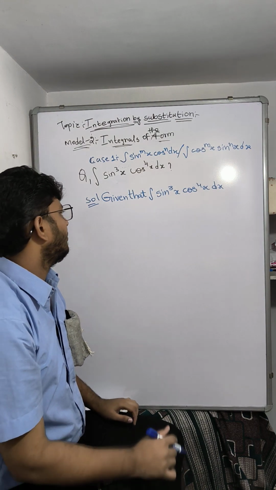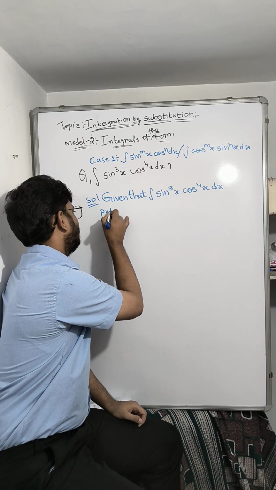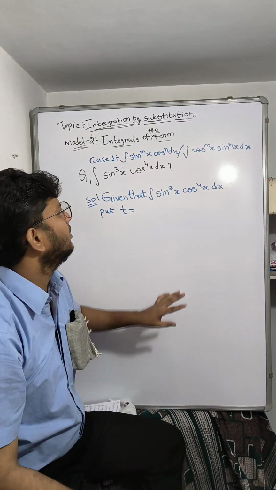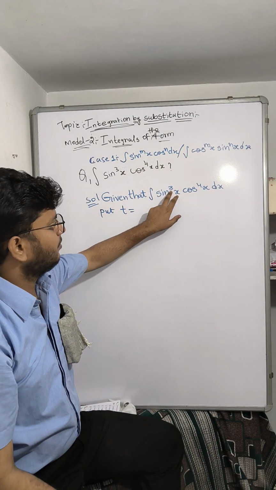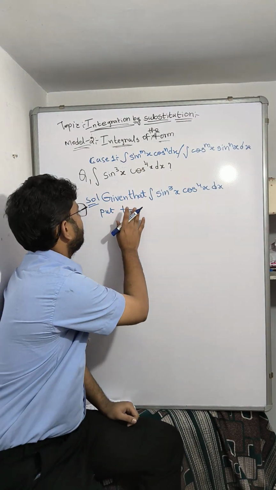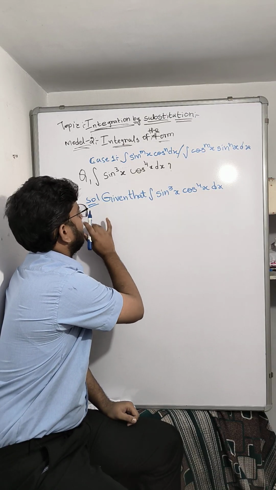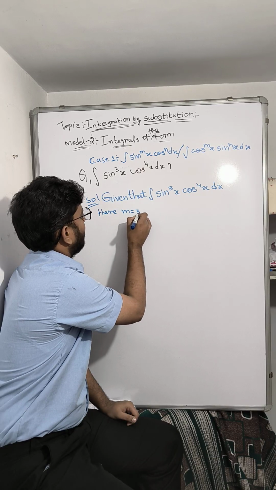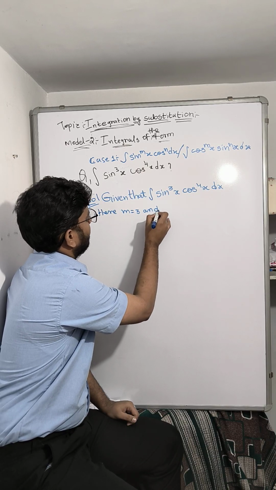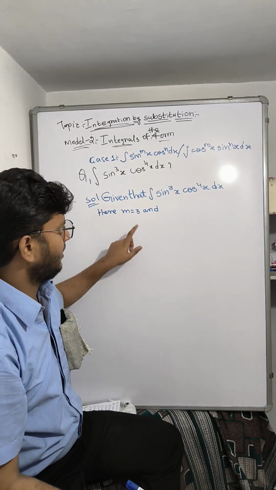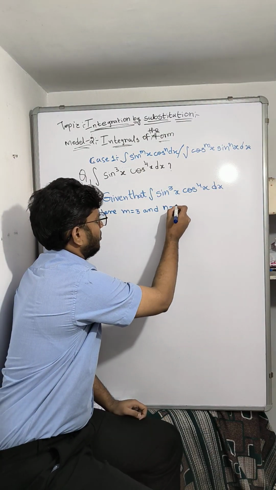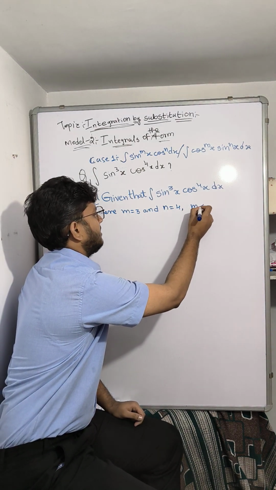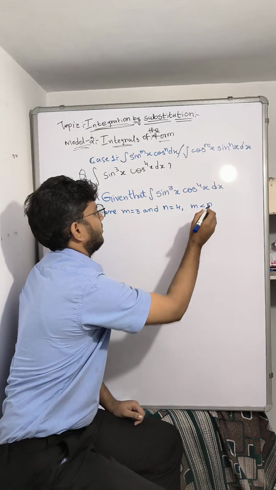Now we have to write: put t is equal to something. What is the something? This is m, no? We have to write like this first. Here m is equal to 3 and n is equal to 4, and m is less than n.